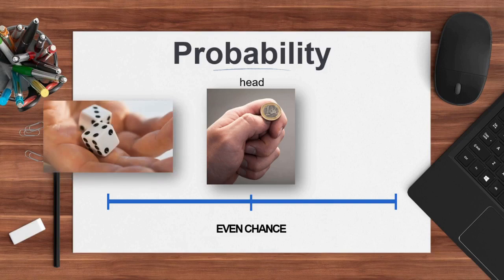But what if we roll two dice? The highest possible outcome of rolling a single die is 6. So if we have two dice, that's 6 plus 6, we have 12. But if we want to have a result of 14, the probability of that is impossible, because the highest possible total is only 12 when we roll two dice. So rolling a 14 would be impossible.